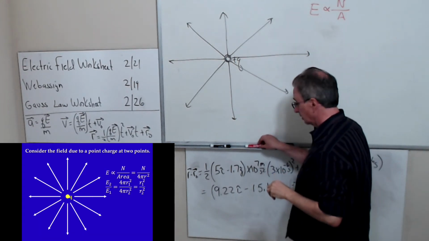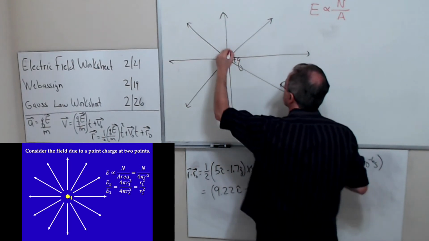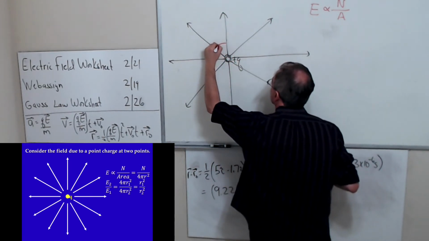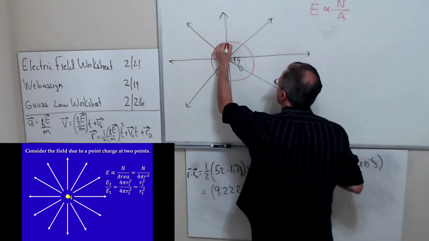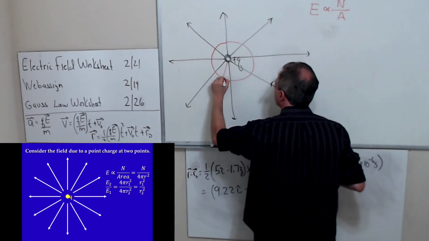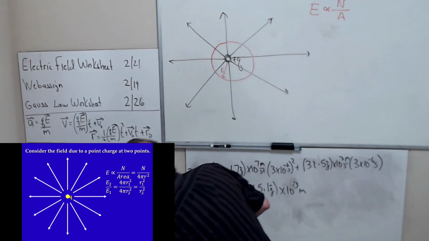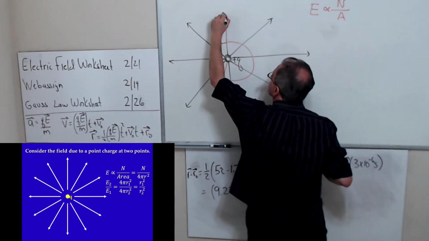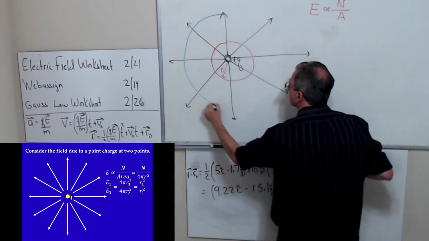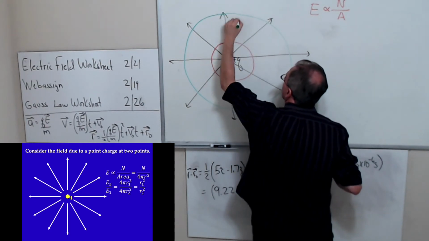So let's consider the electric field along this surface of radius R1, and then the electric field along this bigger sphere of radius R2.